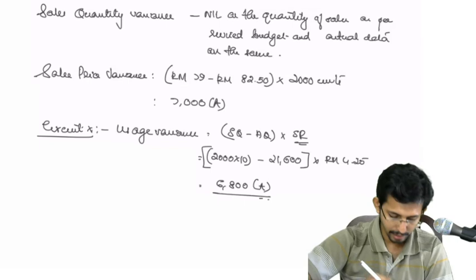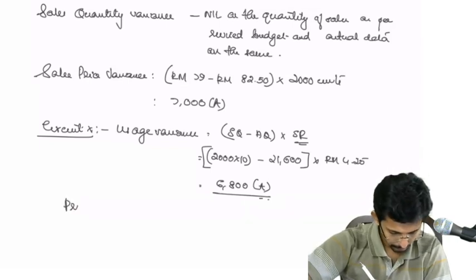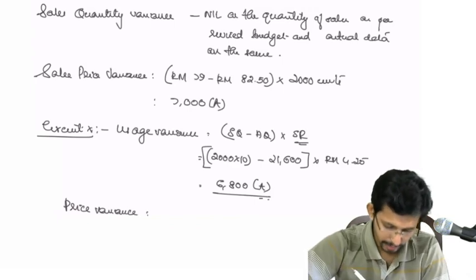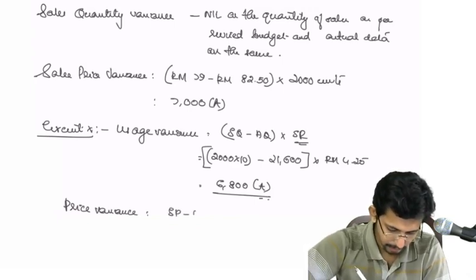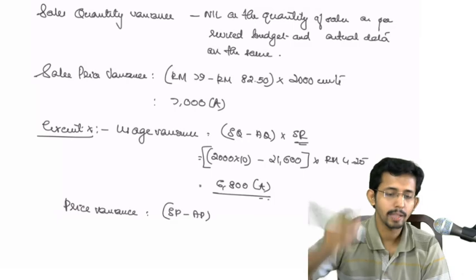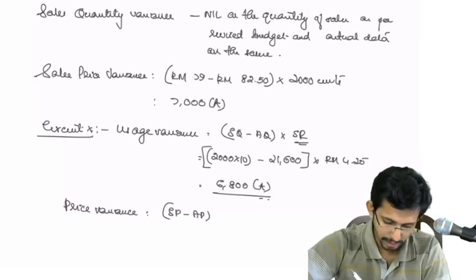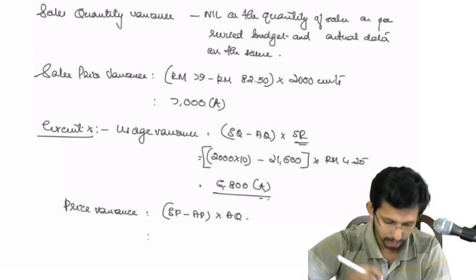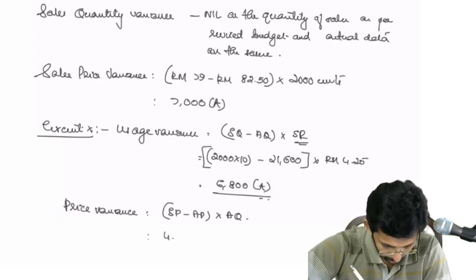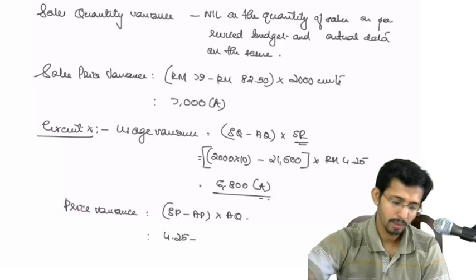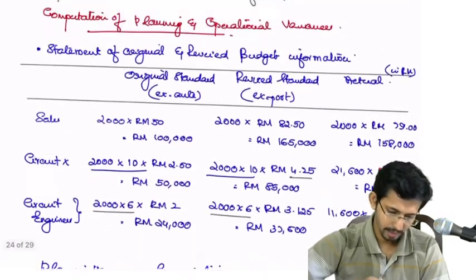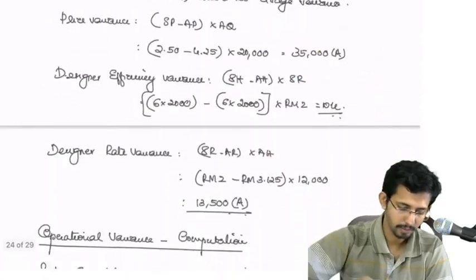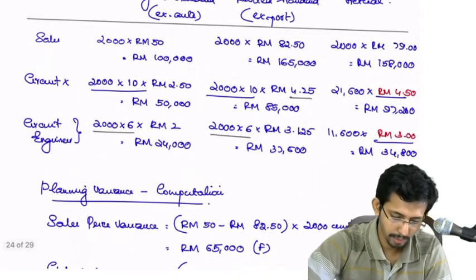Now next is price variance. Price variance again, SP minus AP. SP is as per the revised budget, minus AP into AQ. What is SP? SP is 4.25. What is AP? AP is 4.50. We have computed here, right? 4.50.